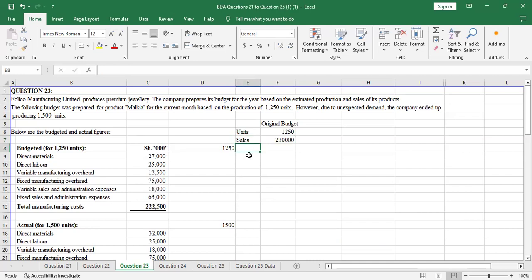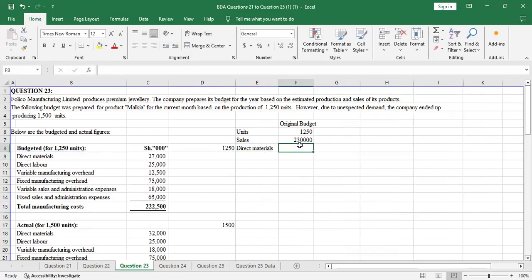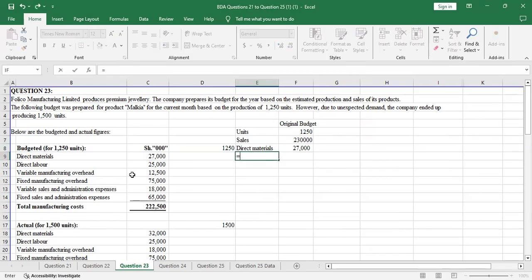Then we go to the costs. I'll classify them, starting with the variable costs, the costs that vary. So direct materials: the total production cost is what we have been given, it doesn't change, so that's what we pick. Then direct labor, we'll have this 25,000.